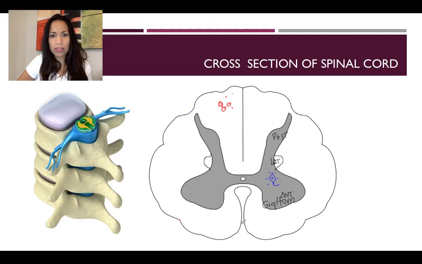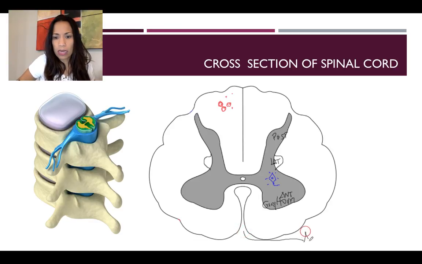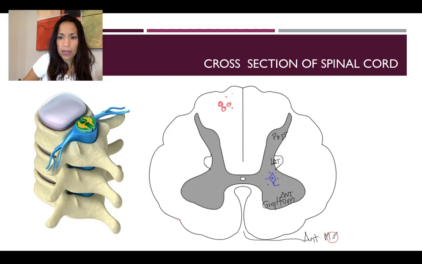How do I know that this is anterior and this is posterior? Well, can you see these lines, these invaginations deep to the spinal cord? The anterior one is always deeper and wider than the posterior one. And this one is called the anterior median fissure.